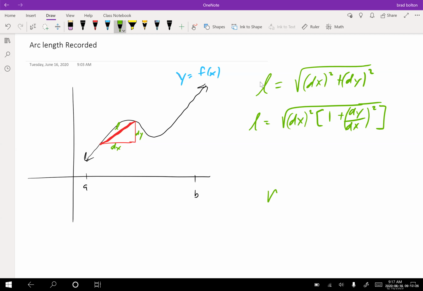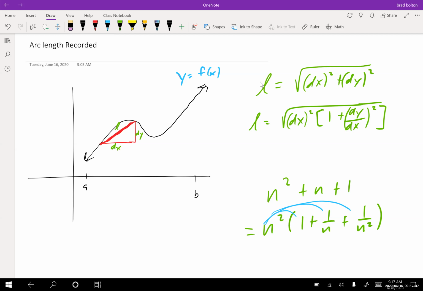So I could take n squared plus n plus 1, and rewrite that as n squared times 1 plus 1 over n plus 1 over n squared. I factored an n squared out, even though they don't all have an n squared in them. And how do you know you're right? You could FOIL that out and you get back to the original. So this is the idea that I'm using here.